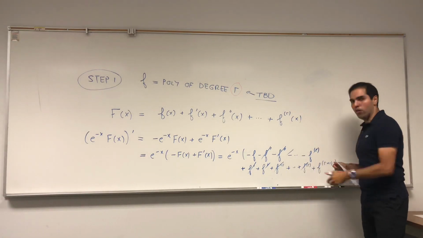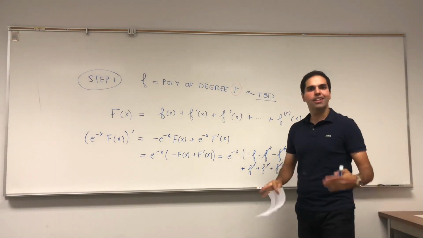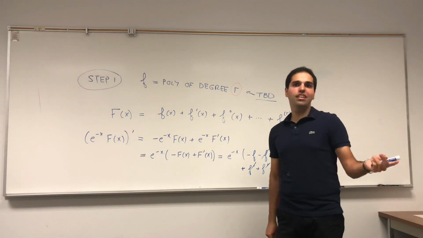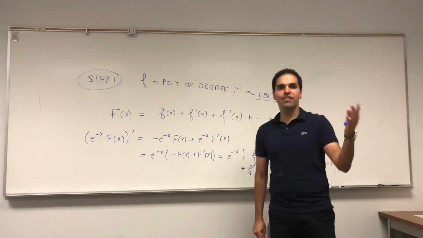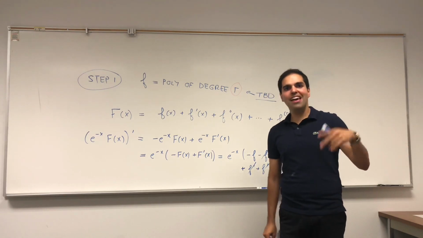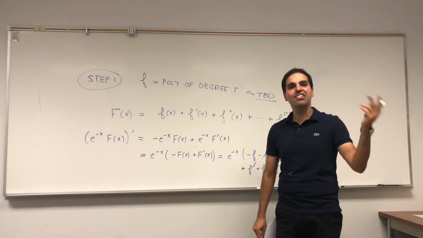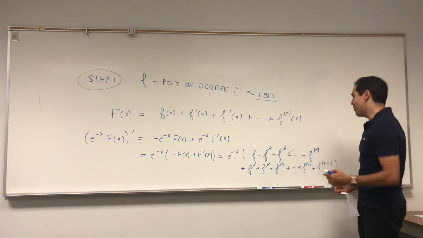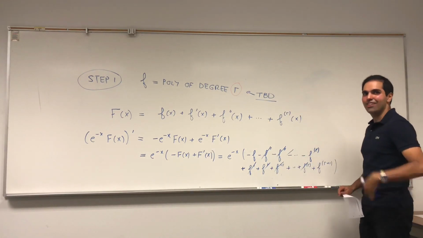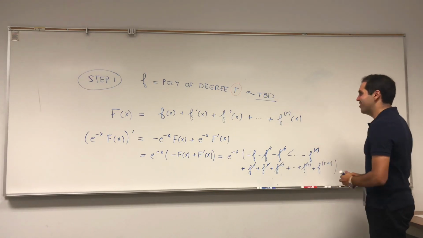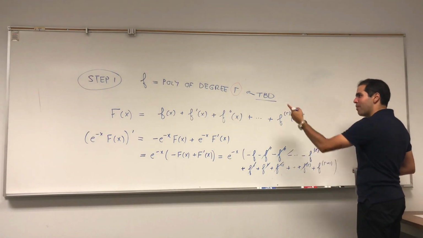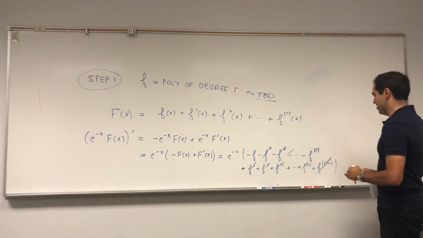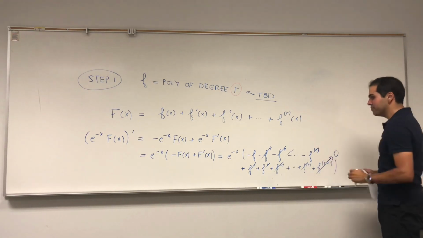So for example, if you take a quadratic polynomial and you differentiate it 3 times, you get 0. Because the derivative of x squared is 2x, the derivative of 2x is 2, the derivative of 2 is 0. And similarly for cubic polynomials, if you differentiate it 4 times, you get 0. And if you differentiate a polynomial of degree r, r plus 1 times, you also get 0. So this disappears.